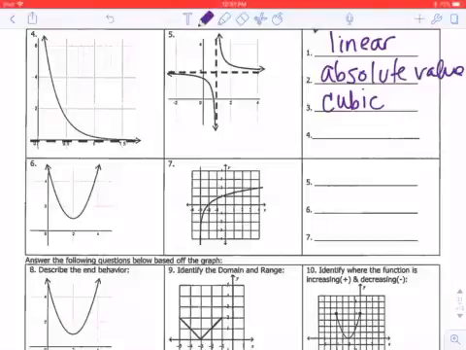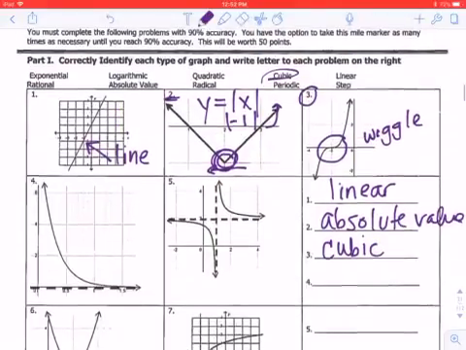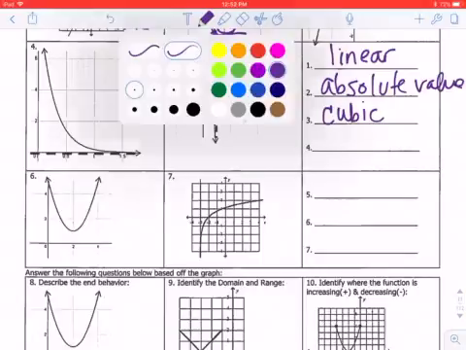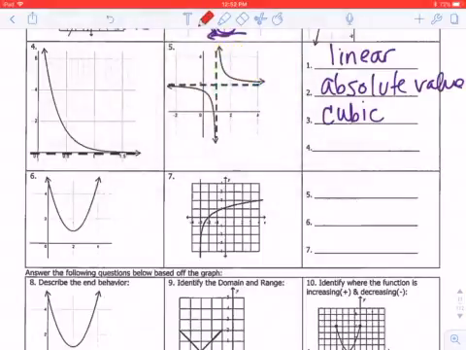Let's take a look at classifying numbers 4 through 7 into what type of graph we're looking at. Now, as you can see on number 4, we're looking at a horizontal asymptote, which means that our graph is going to approach but never quite reach a value as it heads to the right.